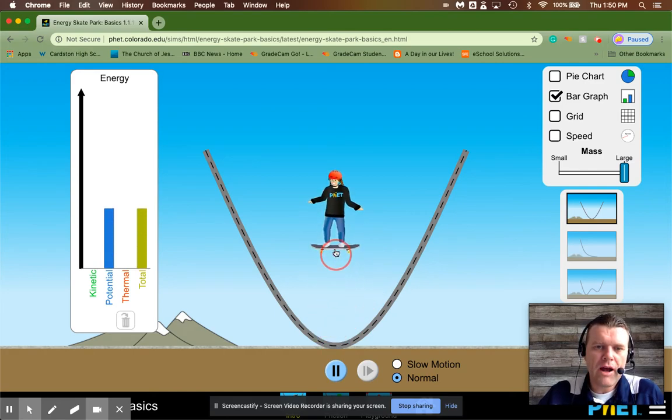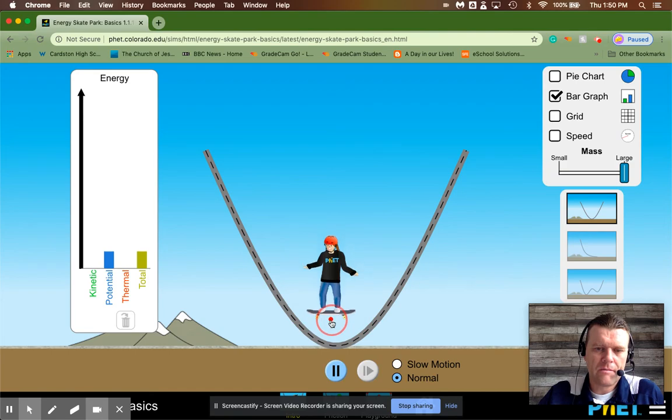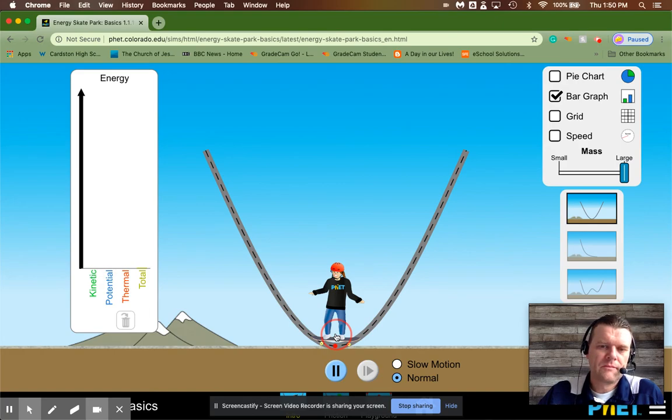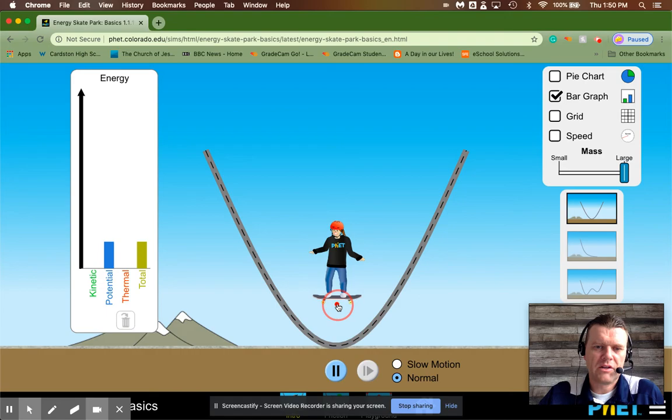I can grab this skateboarder and place her at any position I want. If I put her right there, she's at the very bottom, so nothing's really happening, although actually there's no friction in this analogy. I'll get to friction in a minute.